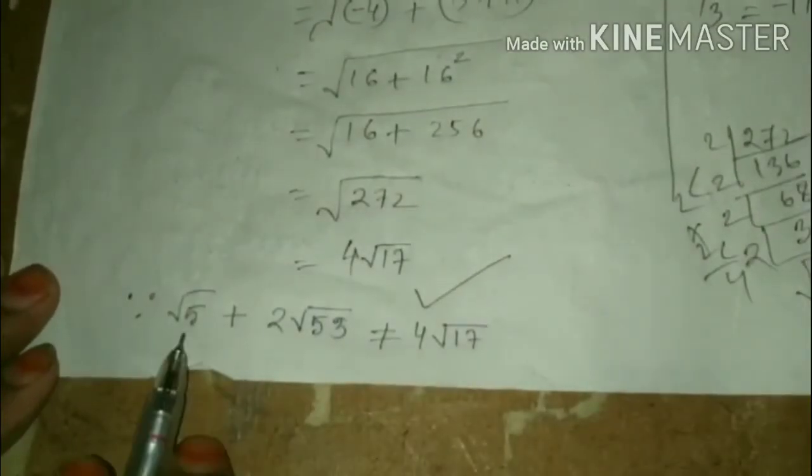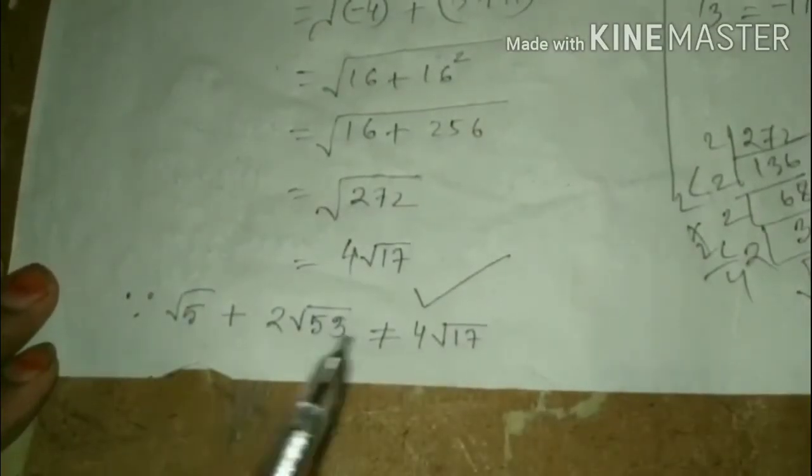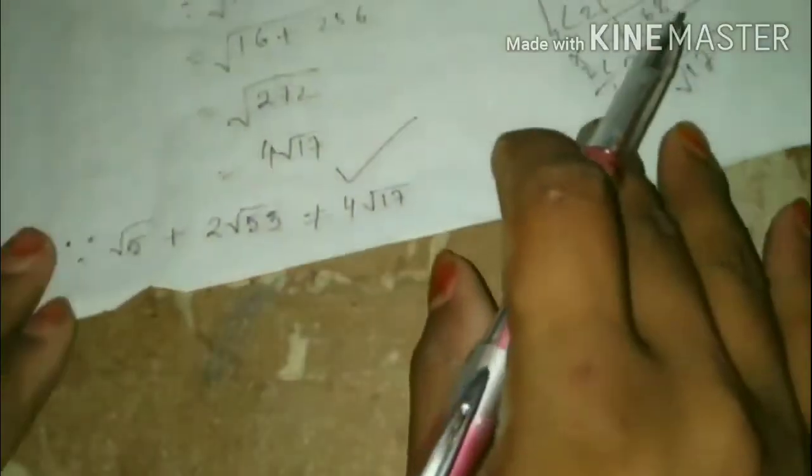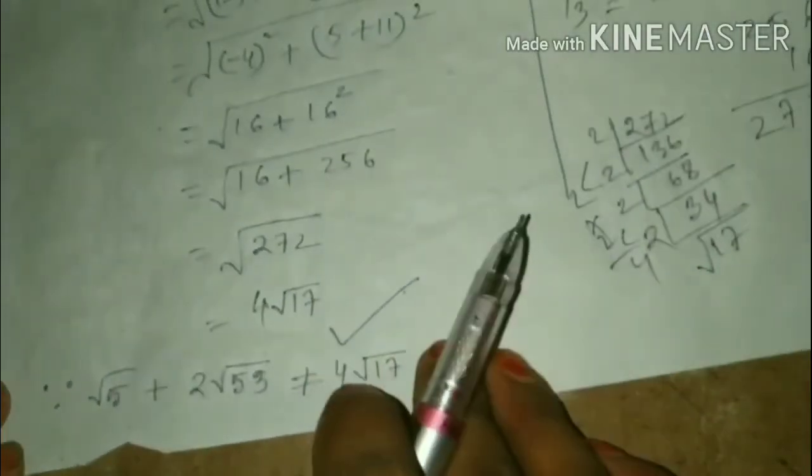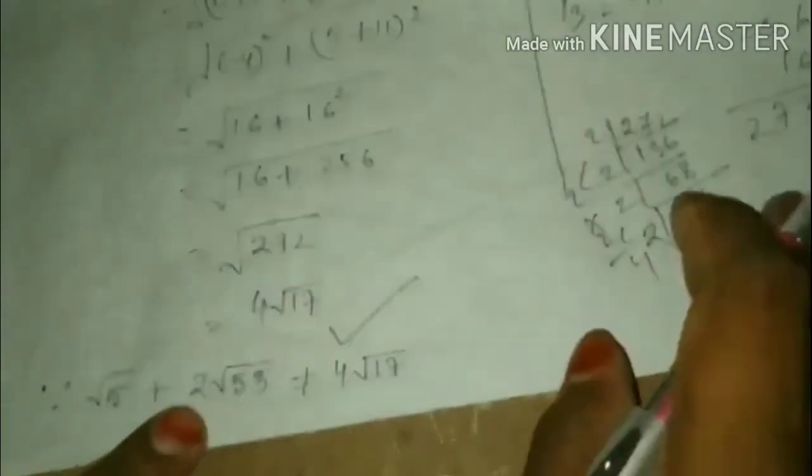Since root 5 plus 2 root 53 is not equal to 4 root 17.